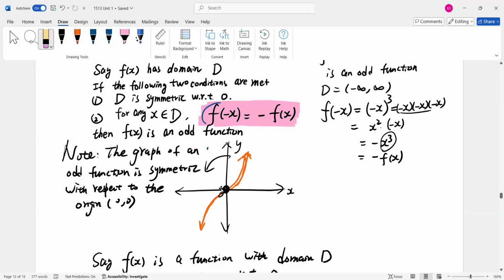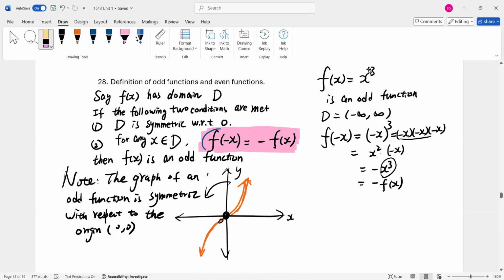When we talk about odd function, you want to right away think about the graph of the cubing function. This is a good example. It is a good idea. You connect one concept with a very simple example.